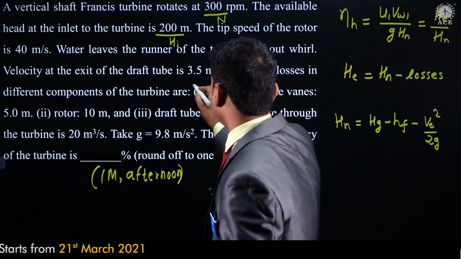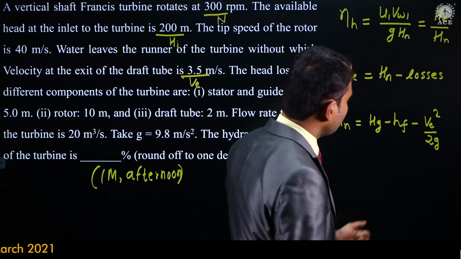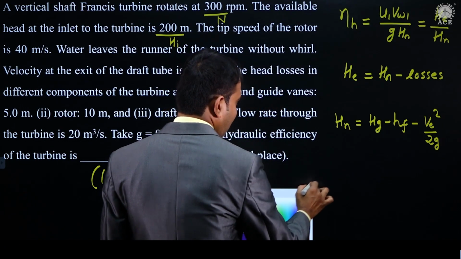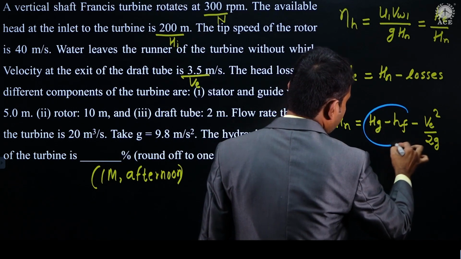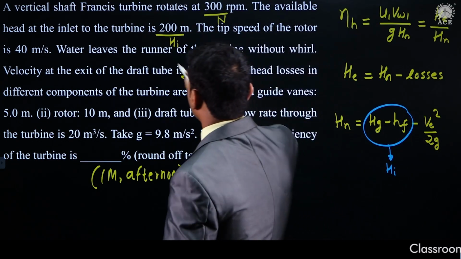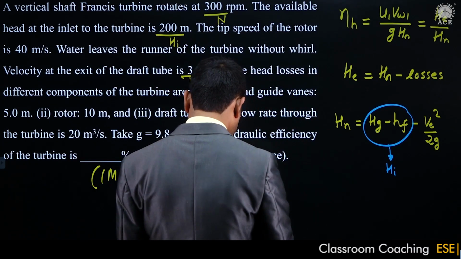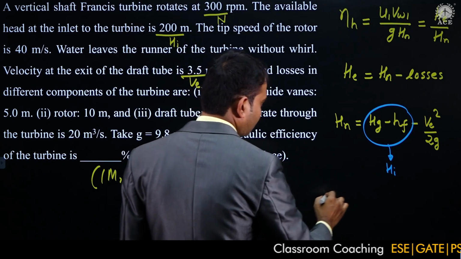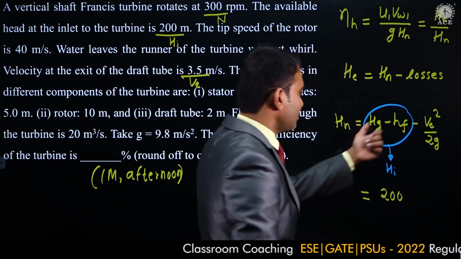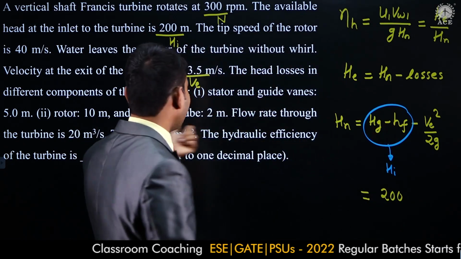Now here the velocity at the exit of the draft tube is given as 3.5. Correct? Hg, the gross head, is not given. But this Hg minus Hf is the head at the inlet, which is given as 200 meter, right? So we can calculate net head. Hg minus Hf itself is 200. Please remember, this Hf is not given anywhere here.